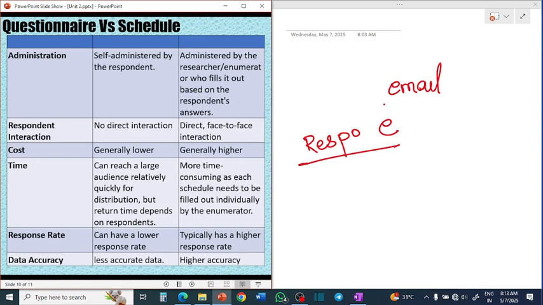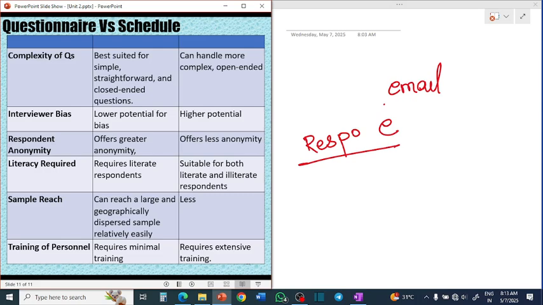Data accuracy: if someone is filling up the questionnaire on their own, generally the data is less accurate. As we have seen in mailed interview, the data is less accurate. And when the enumerator is going by himself or herself, the data accuracy is generally higher.